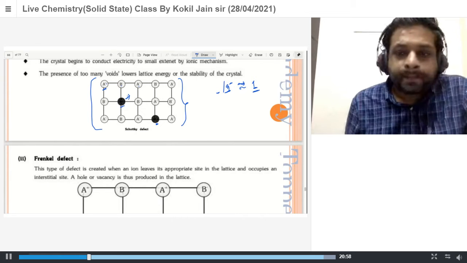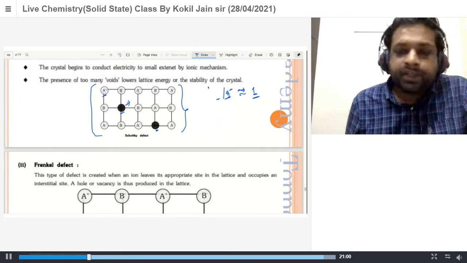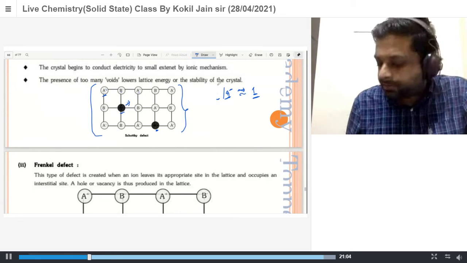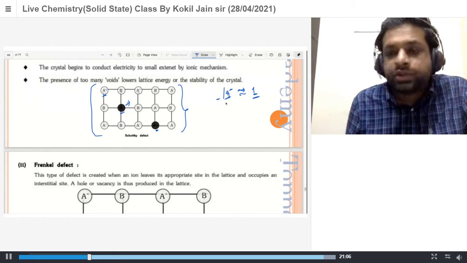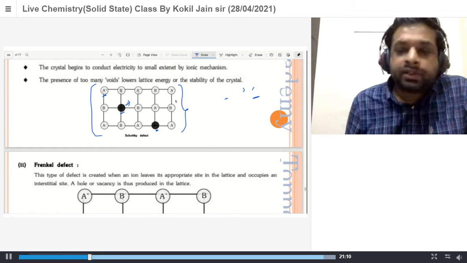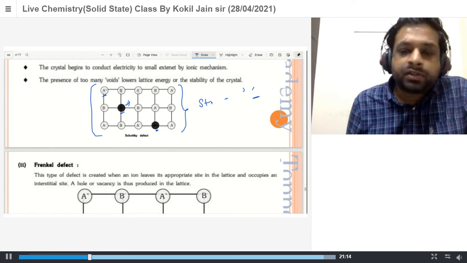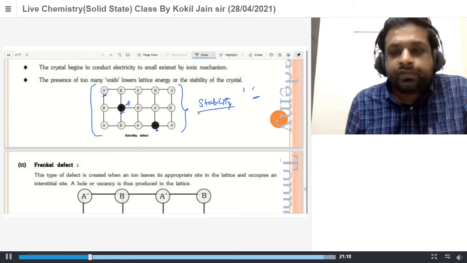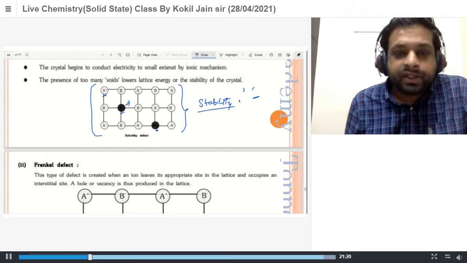Now, one thing more you have to see here is that if there are too many voids, too many holes here, the stability of the crystal will get disturbed. Stability will get reduced.